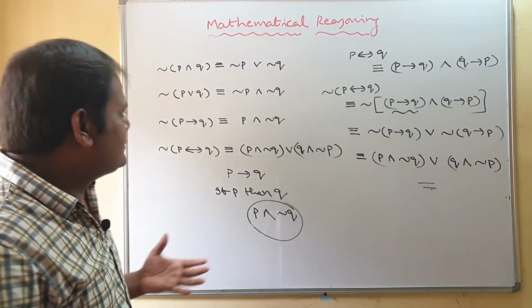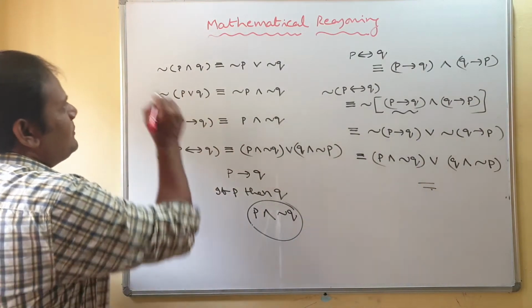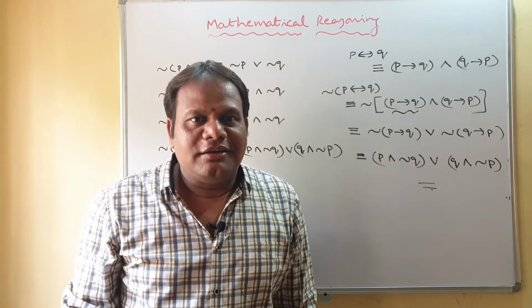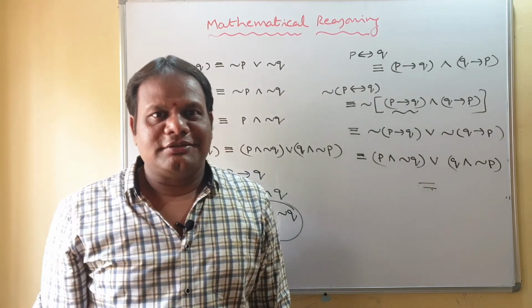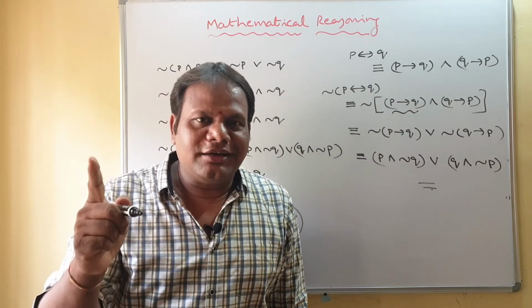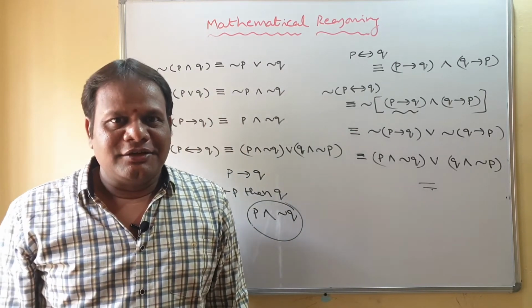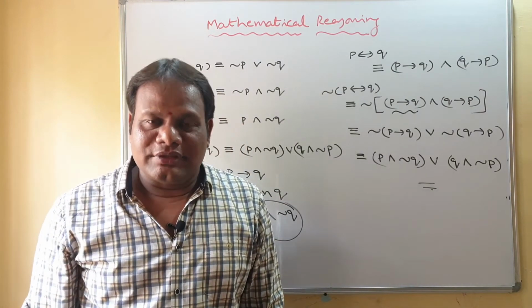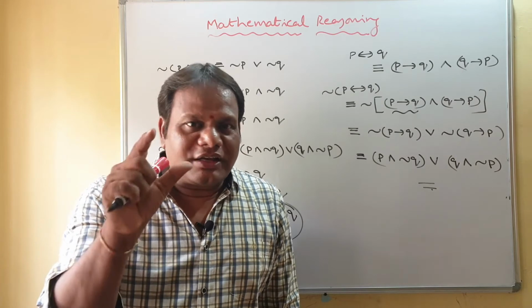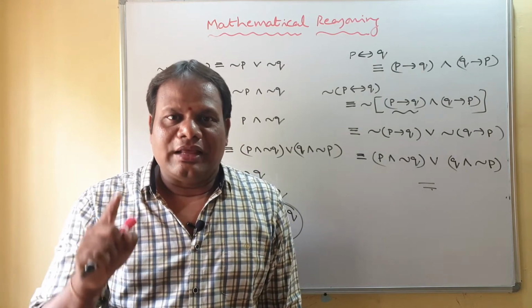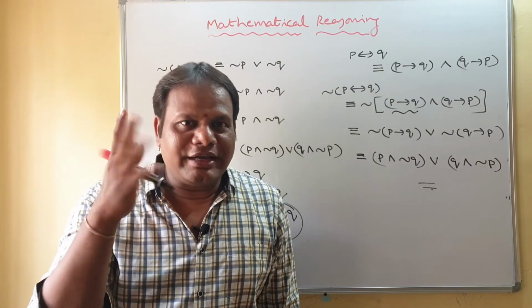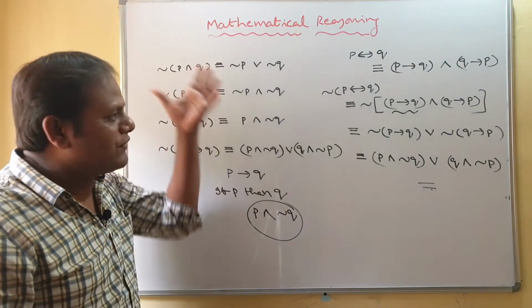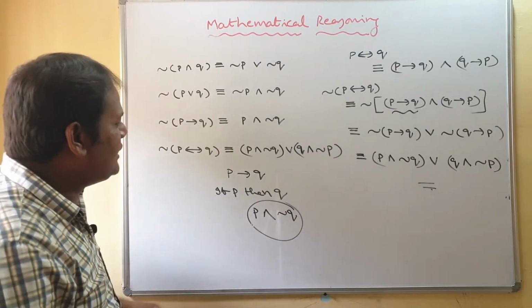Okay. Suppose the statement is something, if you work hard, then you will get success. What is negation of that statement? That is, you work hard and you won't get success. That is the negation to that if condition. So must be very careful.